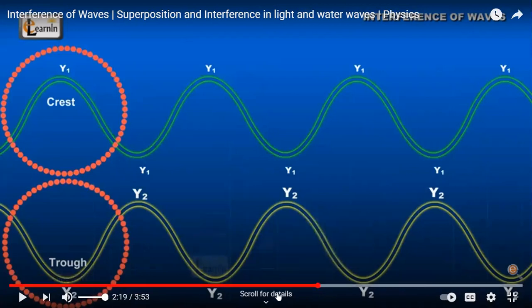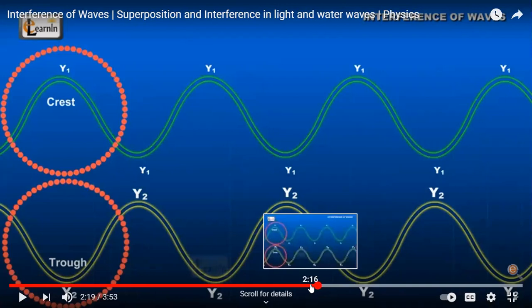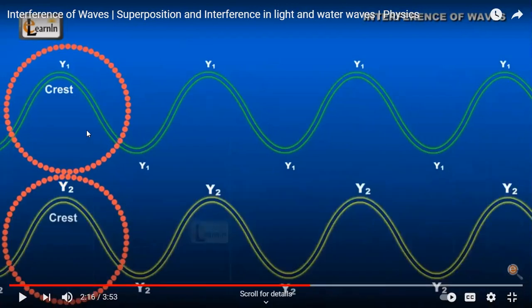Okay, you see, in the previous case, if y1 and y2 both are crest points of the two waves, that is the maximum points of the two waves, then the resultant will be maximum. y1 plus y2 will be maximum.